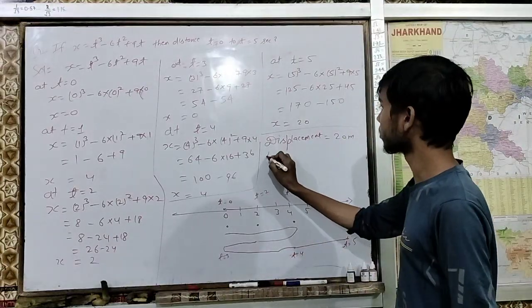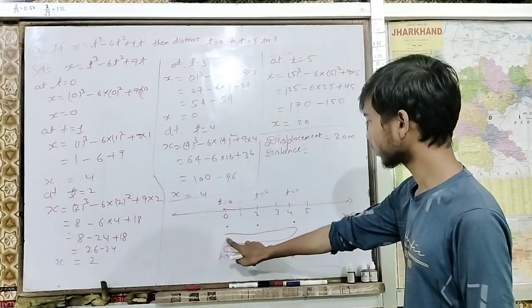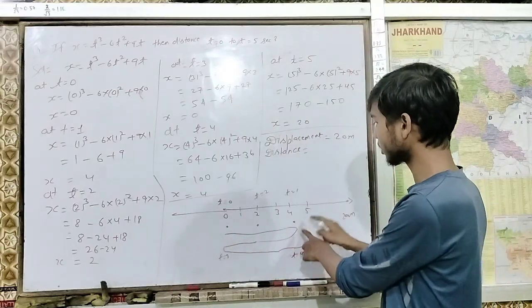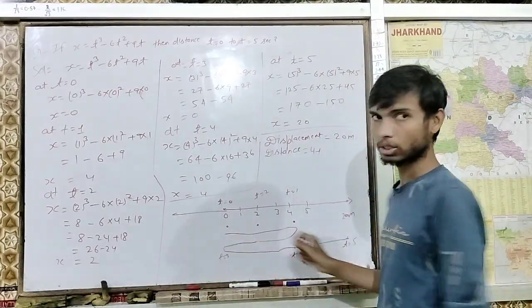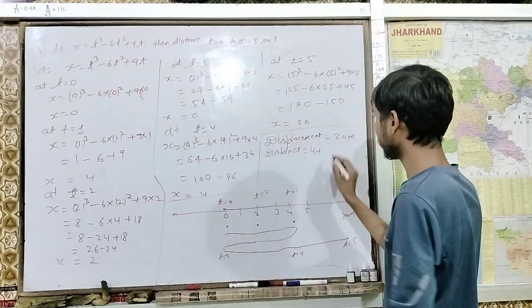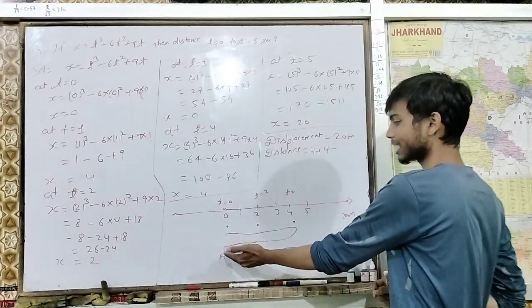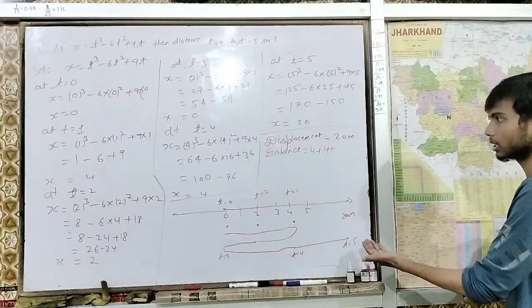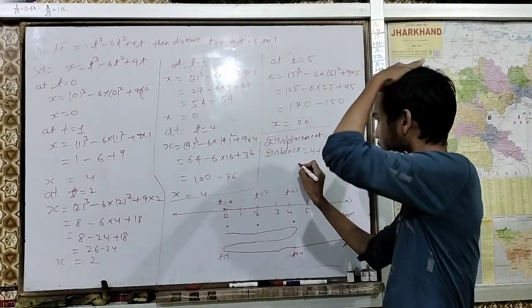But when it comes to distance, we take all the path covered by the object. First, from here till here, it is 4 meter. Then again it reaches the initial point, 4 meter. Then it starts moving from this initial point and reaches 20 meter.